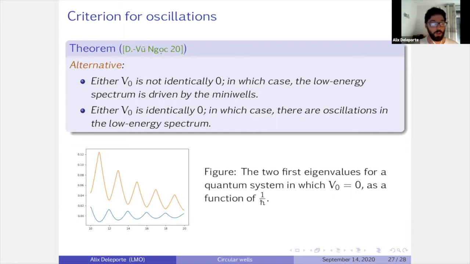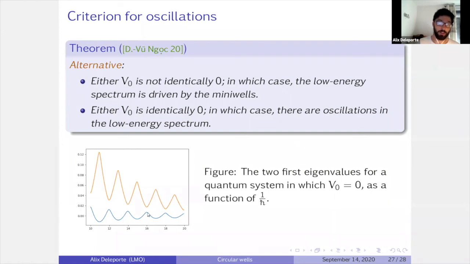And if you compute numerically the spectrum, you can see that in this example the first two eigenvalues, for instance, are going to oscillate in a periodic way. And not only periodic, but the frequency with respect to 1 over h bar is exactly the Bohr-Sommerfeld invariant I0.